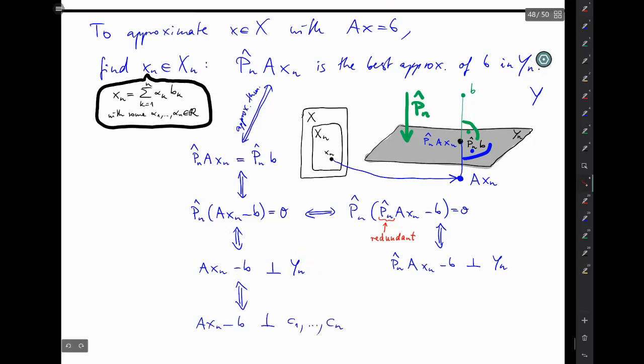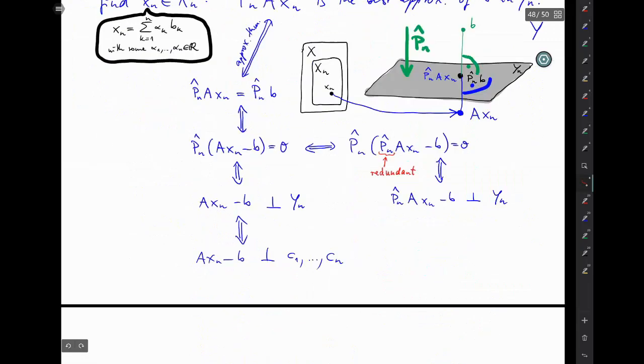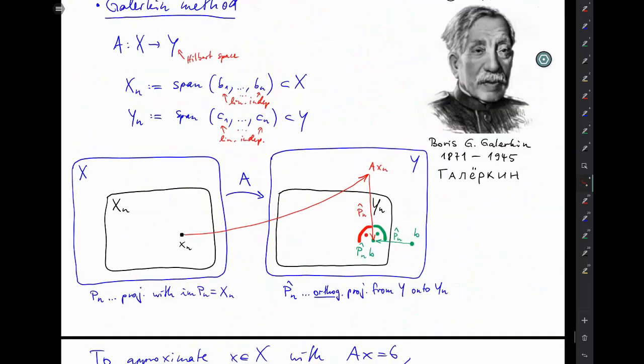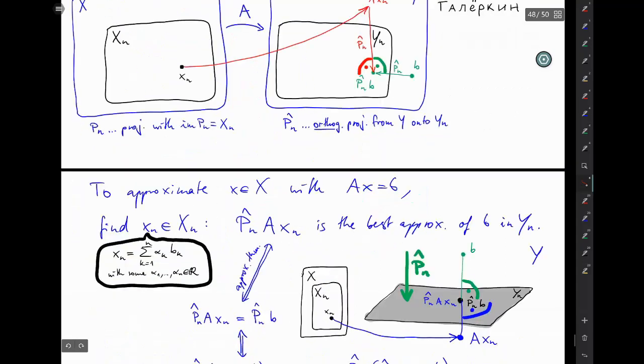Okay, should we recall notations quickly? Here we are. The space xn is spanned by b1 to bn, and the space yn is spanned by c1 to cn. And because both these families are linearly independent, they are each a basis of xn, respectively yn.